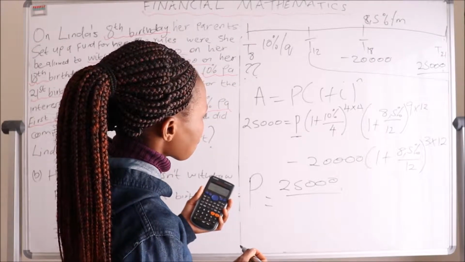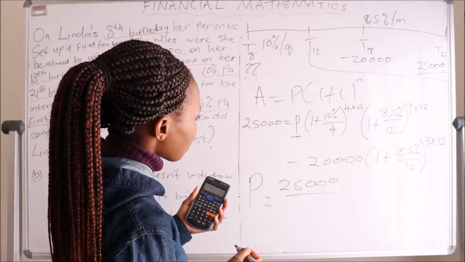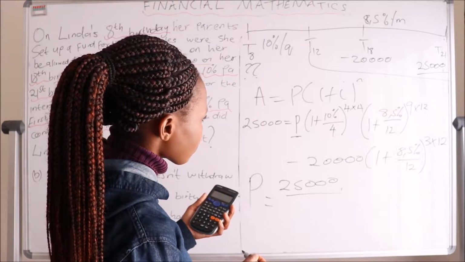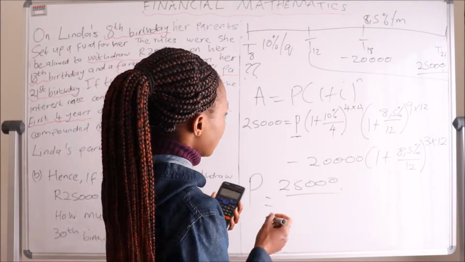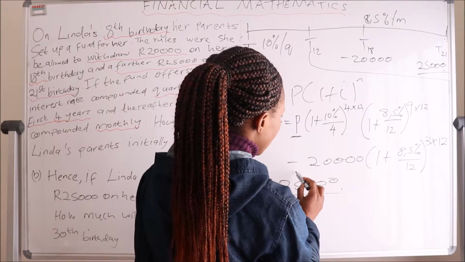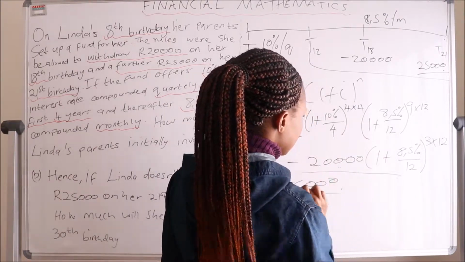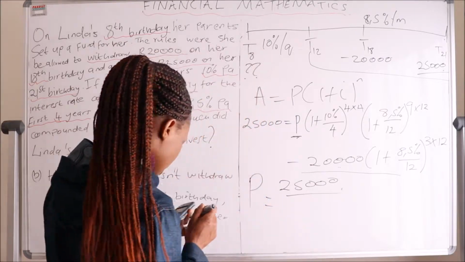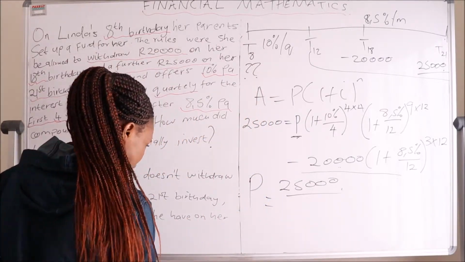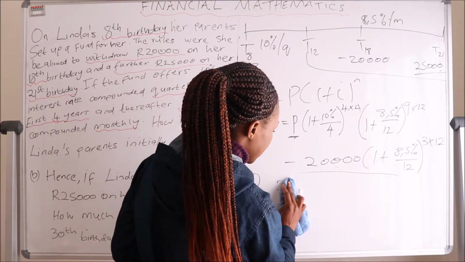Okay, I see where I made a mistake here. The reason is that now that we have a minus here, I should only have added on this side. Alright guys, I made a mistake, and I hope you have figured out as well that I made a mistake somewhere.